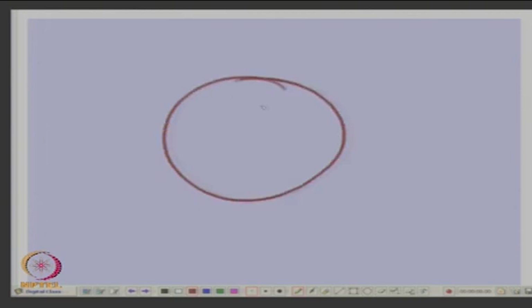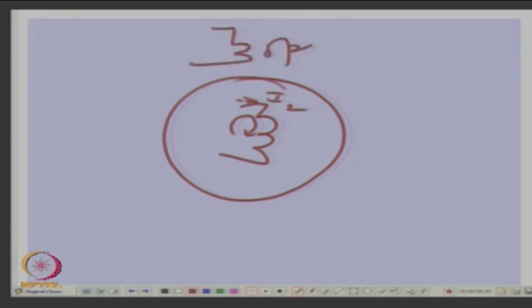I have kept the rotor winding carrying a current I2, and it will have its own impedance here, and my stator is open. So you can always say Z2 is V2 by I2. Is it clear? It's like another winding of a transformer.